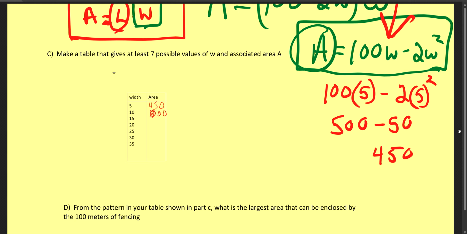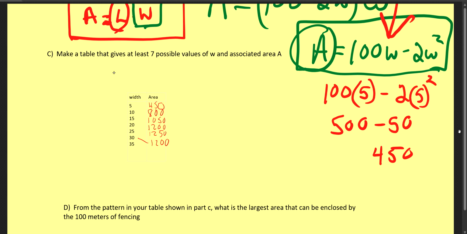That's an 8. 15 going forward is 1,050. 20, 1,200. 25, 1,250. 30, 1,200.